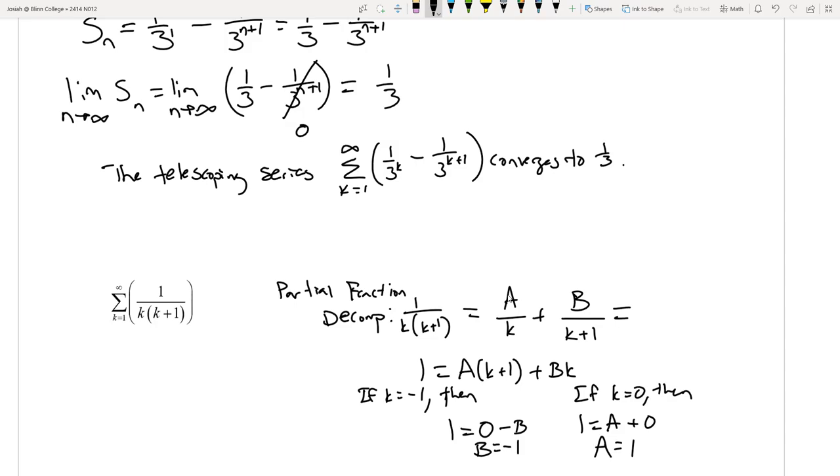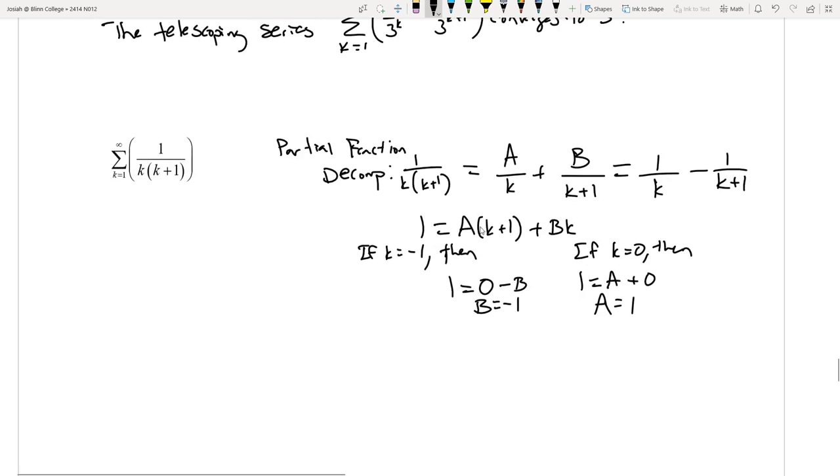So our partial fraction decomposition looks like this: we've got a over k plus b over k plus 1. We plug in a, we plug in b. So we can rewrite this series as the sum from k equals 1 to infinity of 1 over k minus 1 over k plus 1.